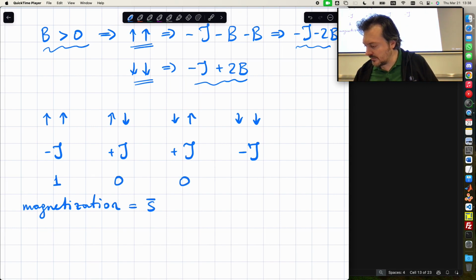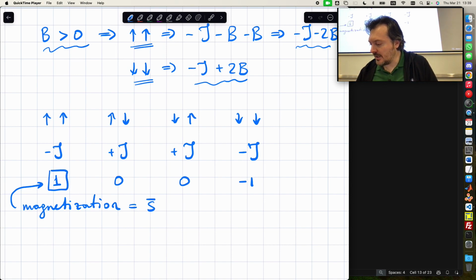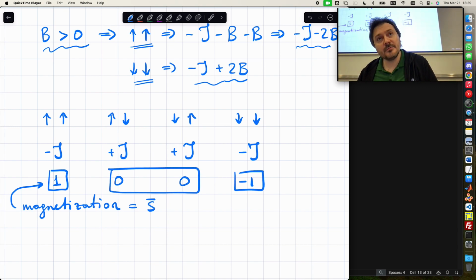This is 0. This is minus 1. This is magnetization, okay? Do you have any question at this point? Any questions at all? So you see that you have a magnet here, you have a magnet here, you don't have a magnet here. Okay?